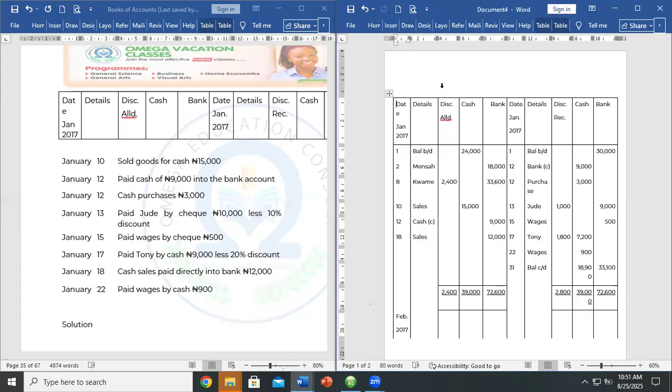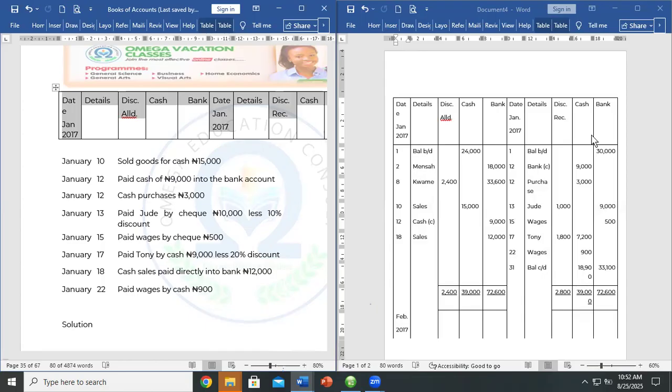Because the debit side is the receipt side, and you receive money from your debtors. It is at the point when you are receiving money from your debtors that you can allow them a discount. The same way, you can only receive a discount when you are making payment. It is when you are paying your supplier that your supplier can allow you a discount, which is discount received.